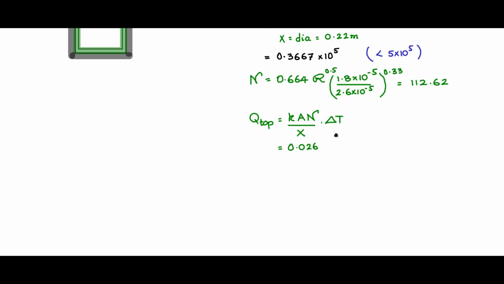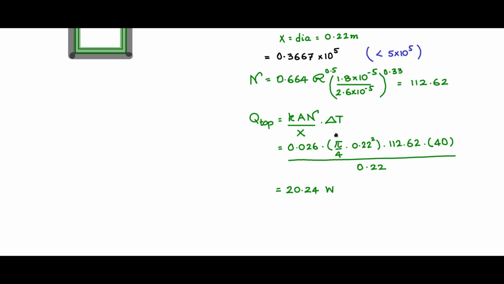Thermal conductivity for air 0.026. We have seen that area of the top plate is pi by 4 d square, into Nusselt's number 112.62, into delta T 40 degree Kelvin, divided by X 0.22. So this turns out to be 20.24 watts. So 20.24 watts amount of heat flow is going from the top surface.